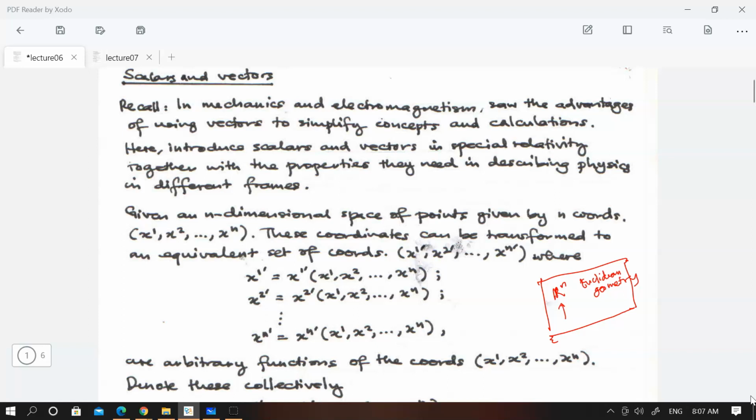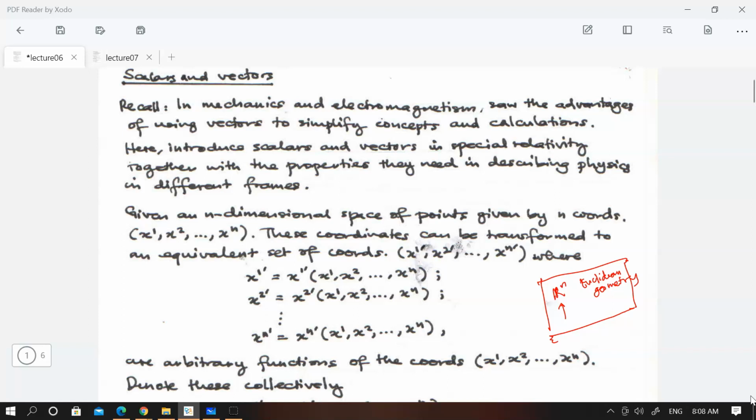In other words, you can set up different coordinate systems. Different observers might set up different coordinate systems, and the only thing that we need is to understand this geometry very well, and know how to transform one set of coordinates to another.